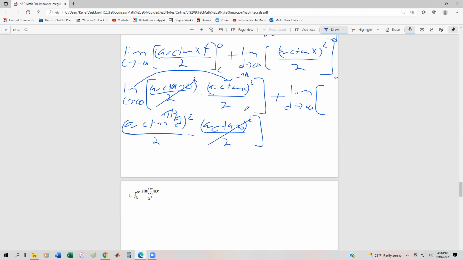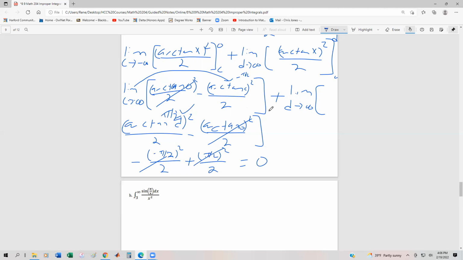So what we end up with is the negative of negative pi halves squared divided by 2. And then right here, we have the positive of pi halves squared divided by 2. Ultimately, that just works out to be 0, right? They just cancel each other out. So this goes away, and this is going to be 0.